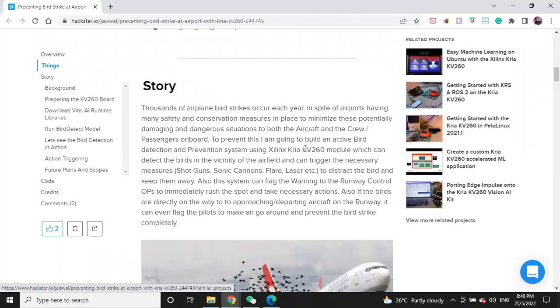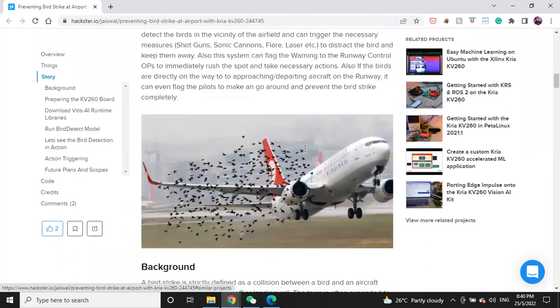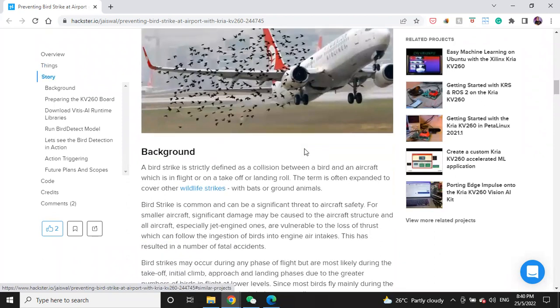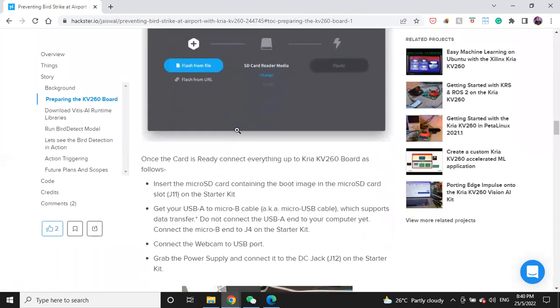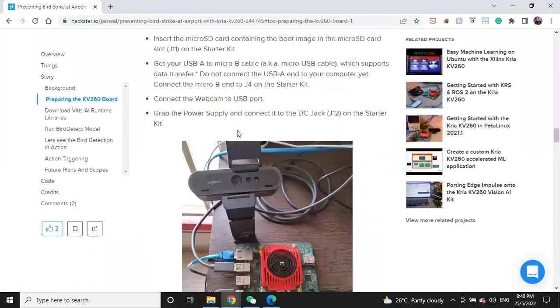For this project, I used this Kria KV260 board from Xilinx. I interfaced it with this Logitech Brio 4K webcam, and I deployed my machine learning logic onto the DPU core of the KV260 board.